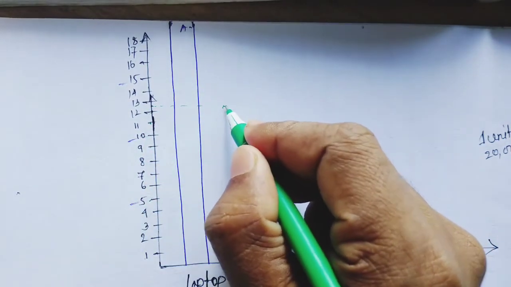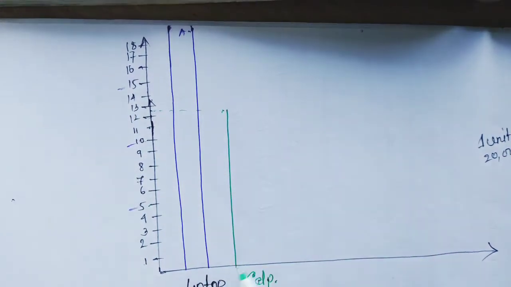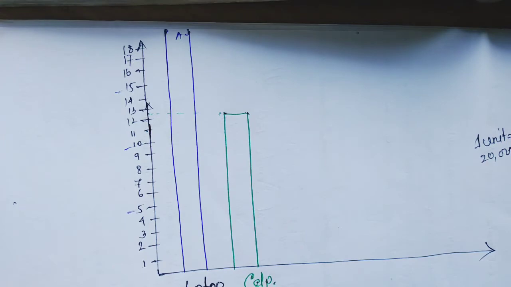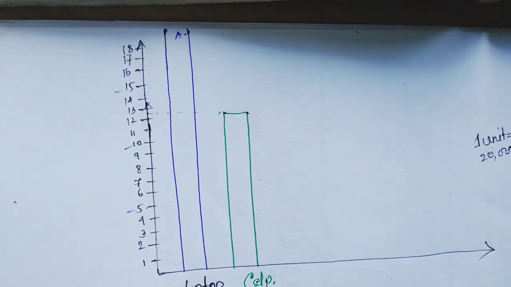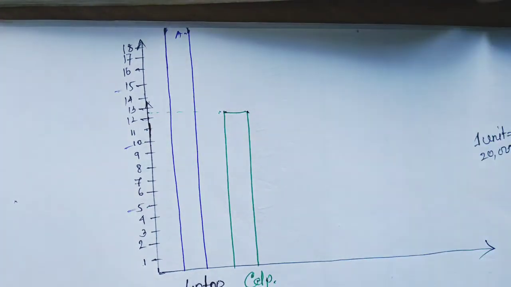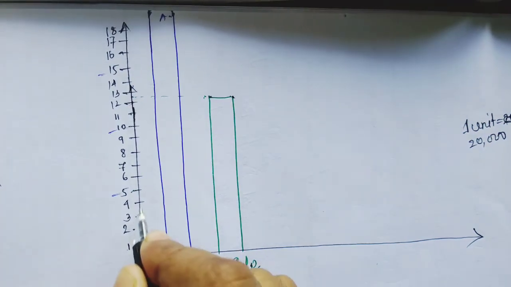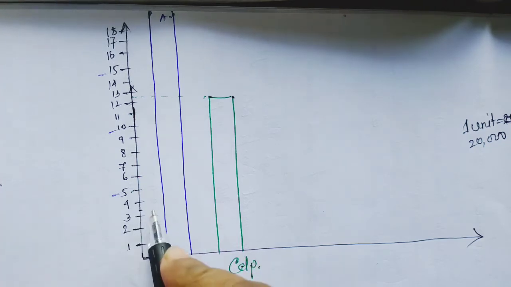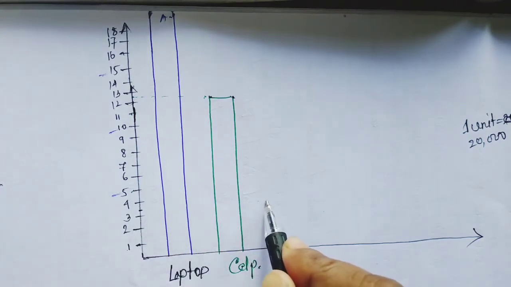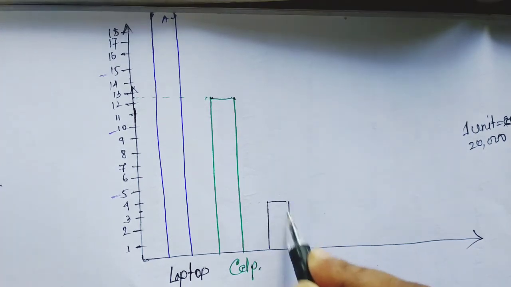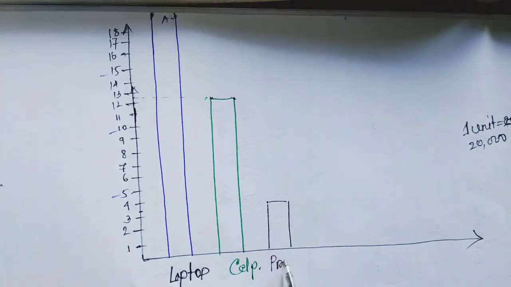So try to draw the bar from here to here. This is the cell phone bar. Next, projector, cost 68,000. So this is 20,000, 40,000, 60,000 and a bit higher. So think that here is 68,000, and this is the projector.